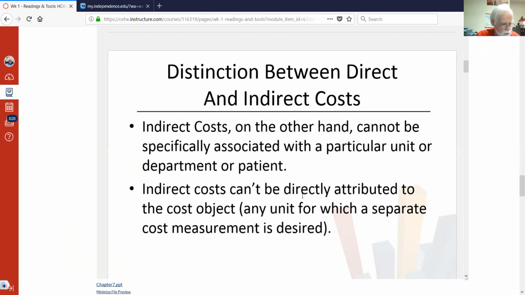You may have a pharmacy within the organization. The pharmacy and the aides and so forth can't be attributed to a single patient. So they're indirect costs associated with how that patient is accounted for. The drugs that patient receives from the pharmacy, yes, those are direct costs for that patient. The pharmacist's time, though, is an indirect cost.